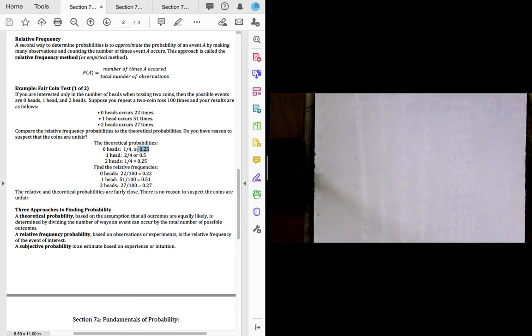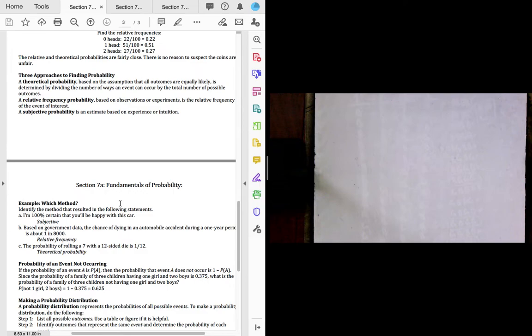For 0 heads, we expect the probability to be 0.25, but when we actually tossed the coin 100 times, we got a probability of 0.22. Now these numbers aren't the same, but you can see that they are very close to one another, which means that theoretical probability tells us what we expect to happen, but relative frequency probability shows us that it doesn't have to happen that specifically, that it can vary a little bit. And when we cover section 7C, you'll see that the more trials we do, the closer these numbers become to each other.